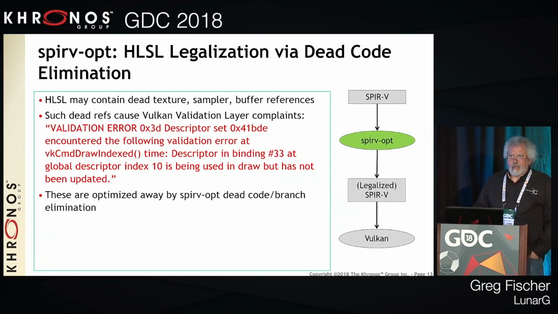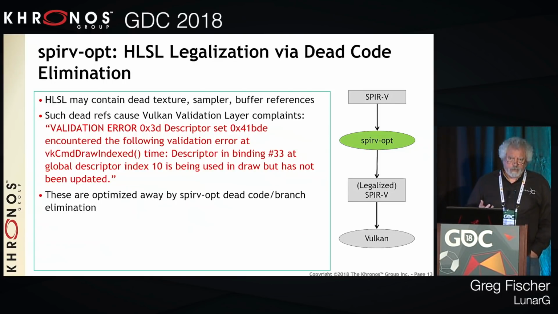One last example, and this is of using SPIRV-Opt. This is not as much a legalization as it is a way of avoiding validation layer errors that we were seeing with a particular shader.